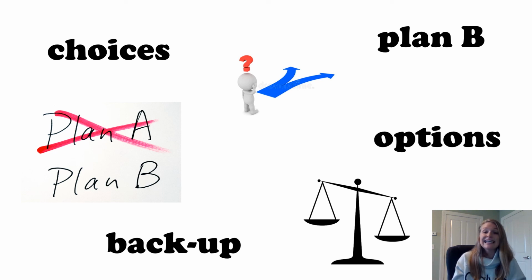So you really need to think about your other choices or your other options or a backup or a plan B. Let's look at what I chose if one of my orders needs to be changed or switched.